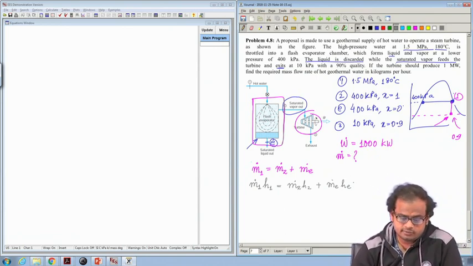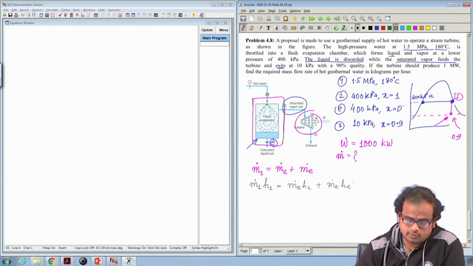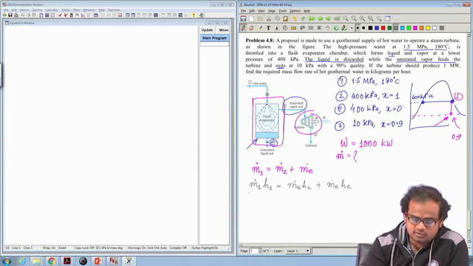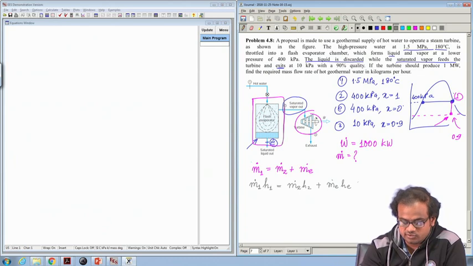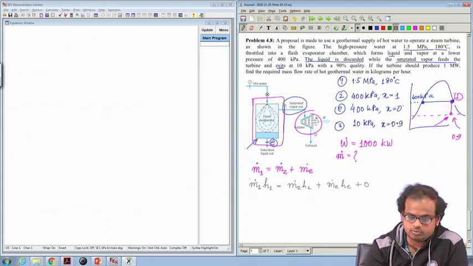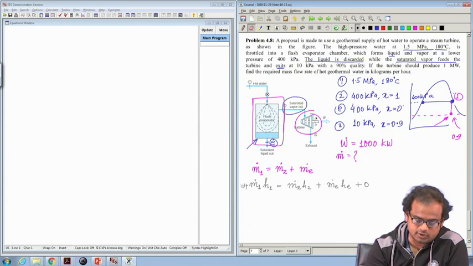This is the energy balance for the flash chamber. The flash chamber does not have any moving object, so there is no work extraction. Moreover, a flash chamber may be assumed to be insulated, so there can be no heat transfer as well.